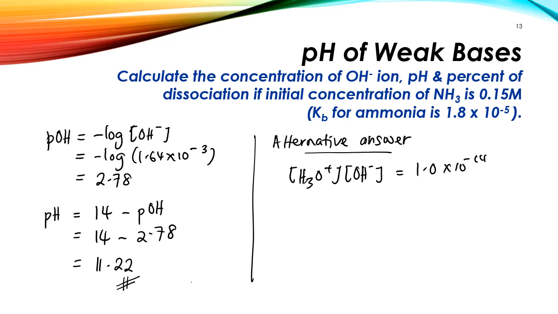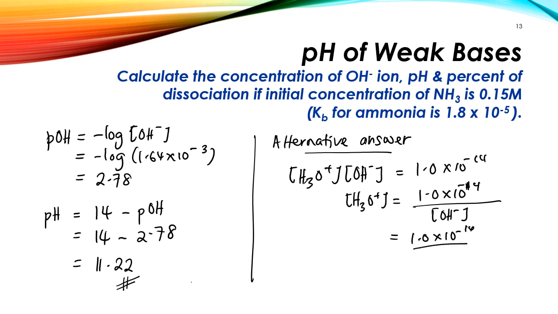Since the concentration of OH minus is known as 1.64 exponent negative 3, we can determine the H3O plus concentration as 1.0 exponent negative 14 divided by 1.64 exponent negative 3.